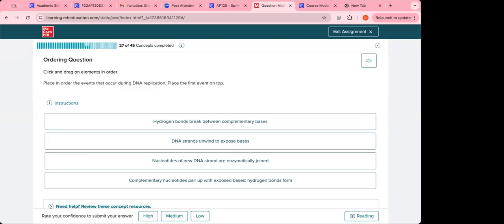Let me see if it tells me something here. DNA replication.